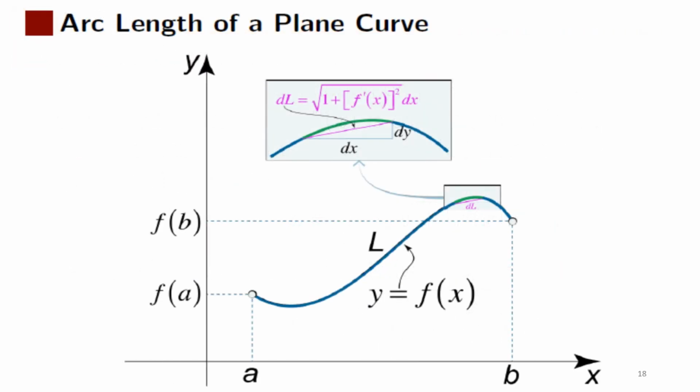So for the interpretation, we actually have the following. This is your, say, curve, and we would like to take this part, the length of this. That is, we take the value dl equals square root of 1 plus f prime of x squared dx.